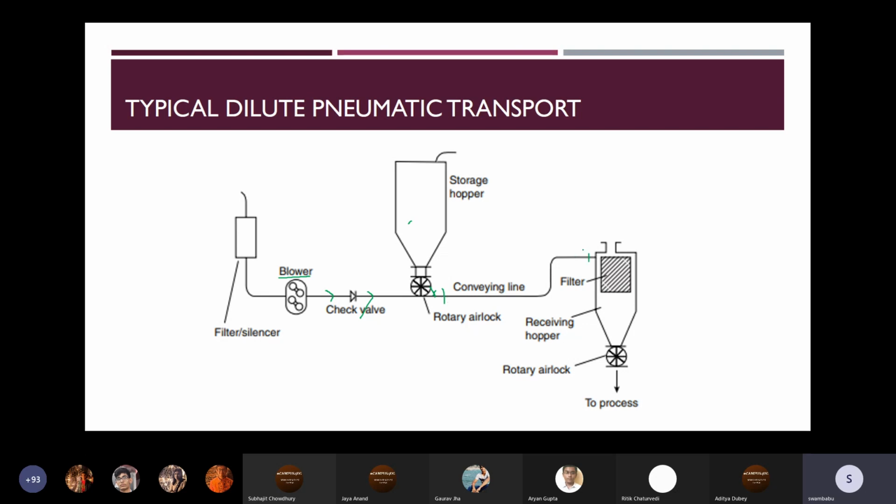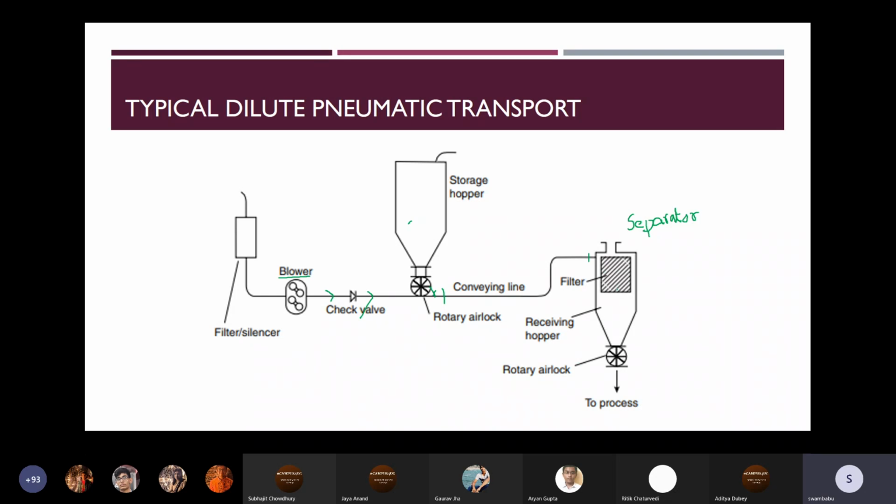And this is the conveying line from which point to which point. Since we need to separate the particles from the gas, often we use a separator. The separator separates the particles from the air. We will see later in this course how the separator works and what the different types of separators used to separate particles from the gas are. That will be a later part of the course.